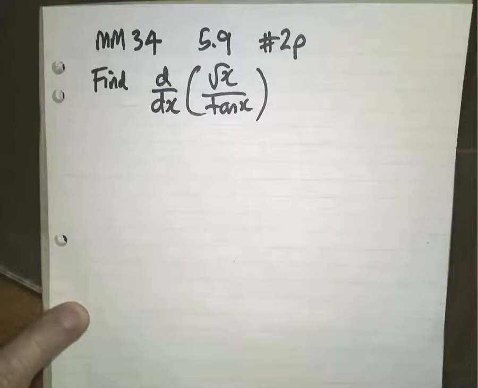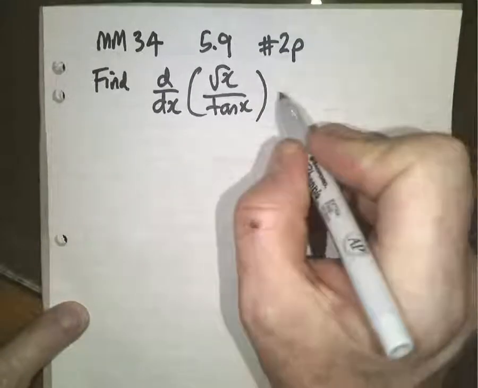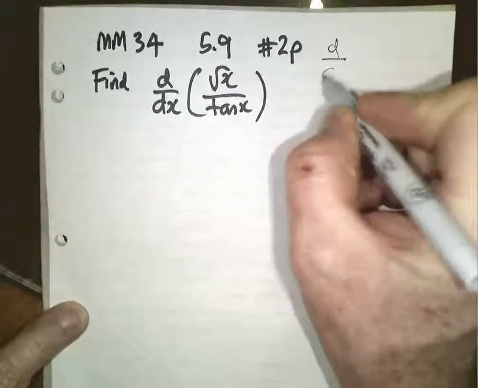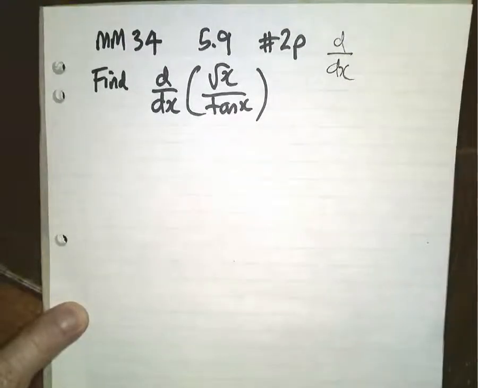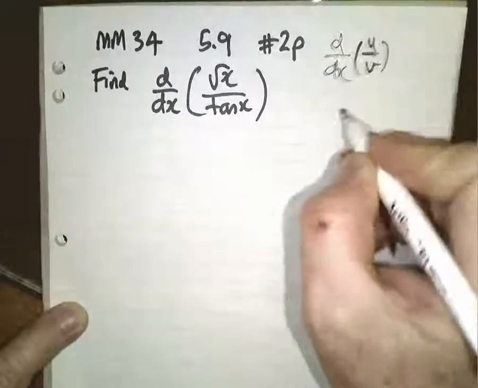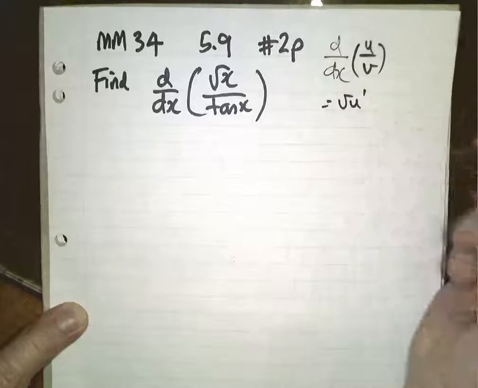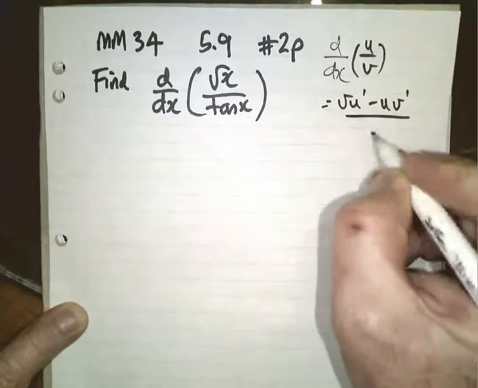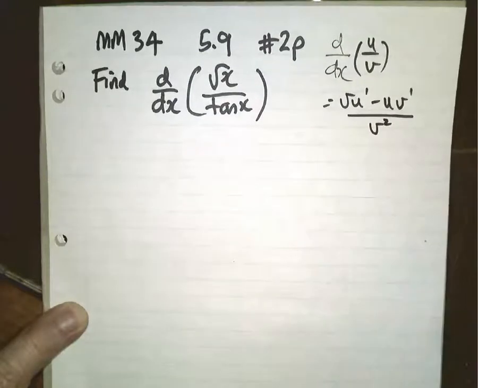Remembering for our quotient rule that d/dx of u on v is going to equal v times the derivative of u minus u times the derivative of v, all over v squared.